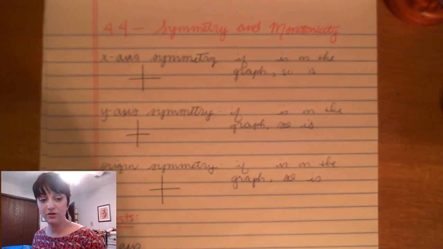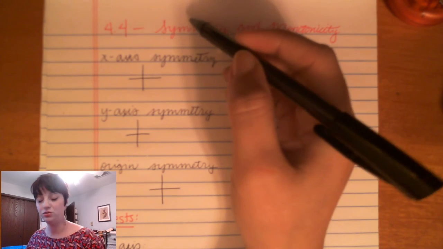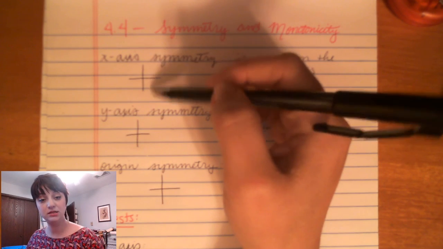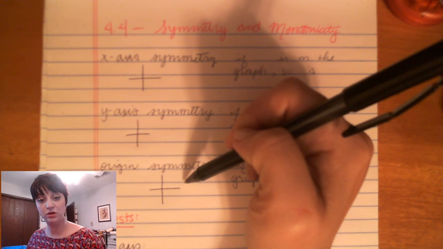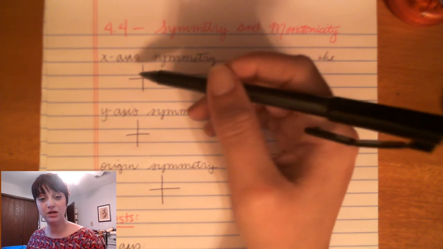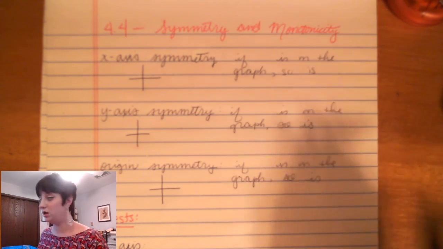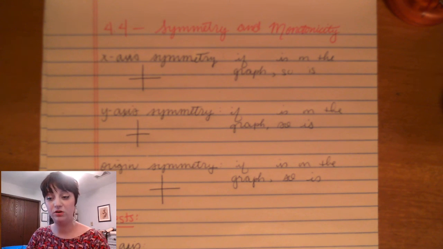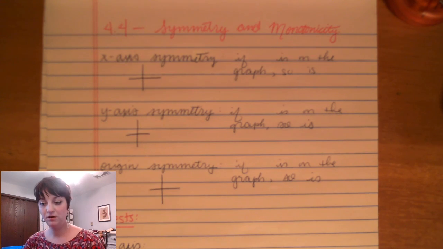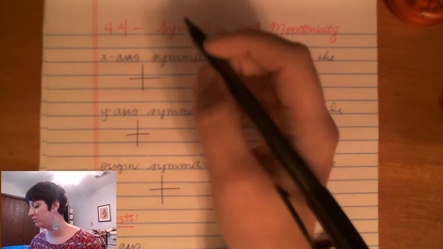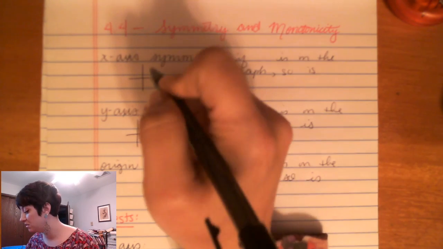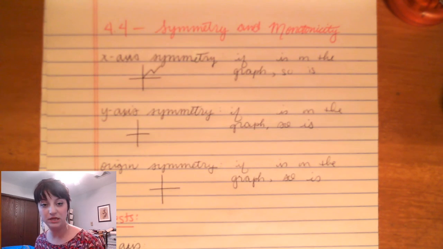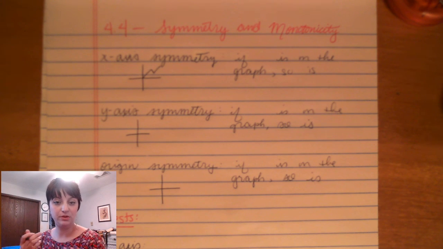So I can either have symmetry with respect to the x-axis, the y-axis, or the origin. I want to imagine putting a mirror on each of these axes to determine whether or not they have symmetry. For x-axis symmetry, suppose this is what my function looks like up in the first quadrant.